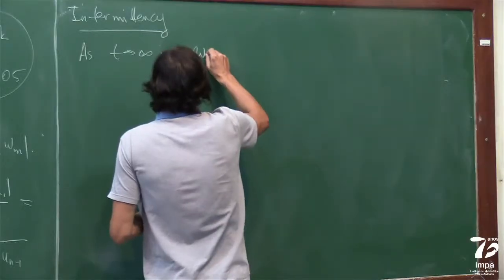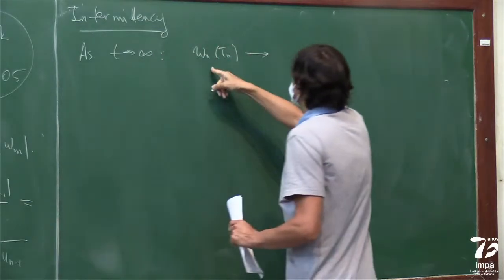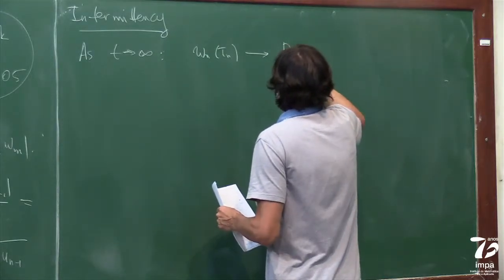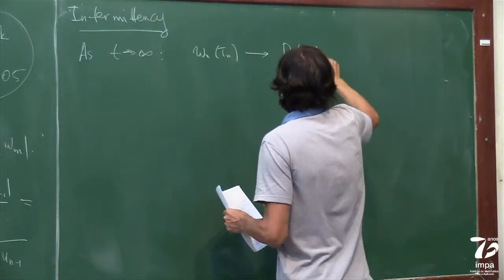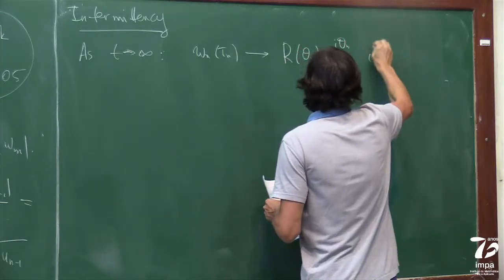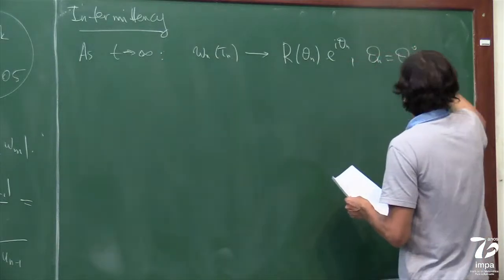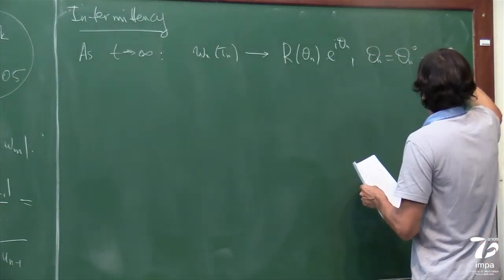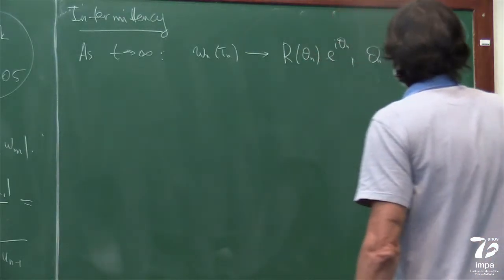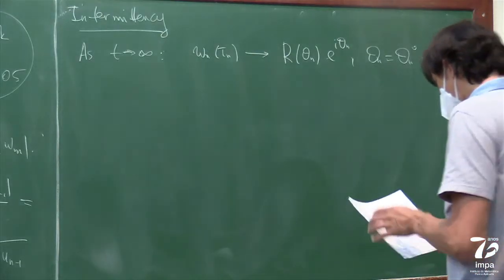So there is an asymptotic form of all the solutions. It approaches R(theta_n) e^{i theta_n}, where theta_n is just a linear function proportional to time. Okay, good.